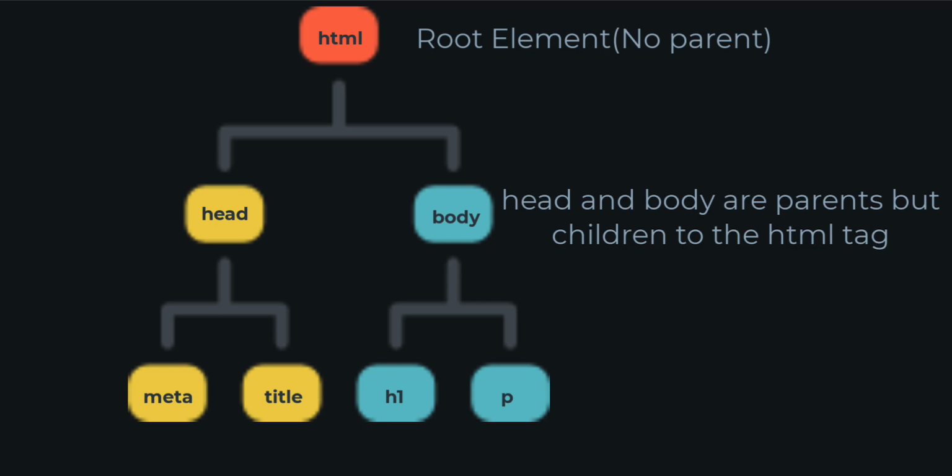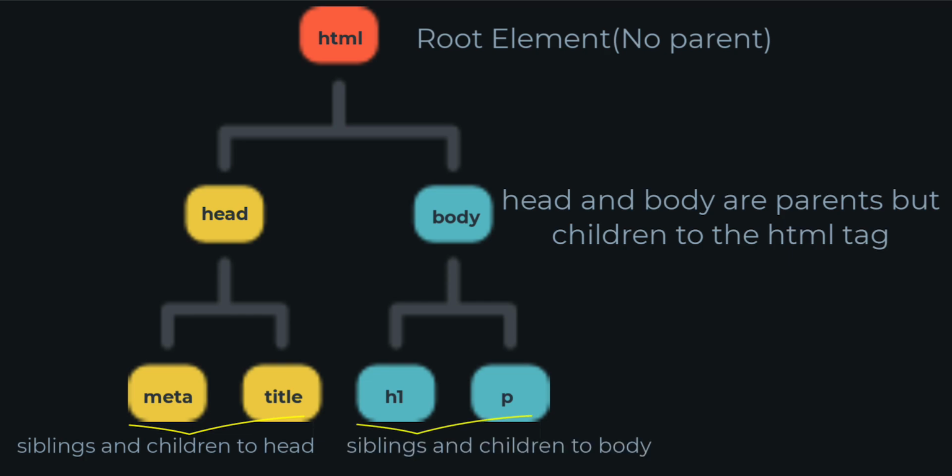So the meta tags and the title tag can be the children of the head tag. And for the body, you can have the H1 tag, you can have the paragraph tag, that is the P tag. And this H1 tag and the P tag are the children of the body tag. And in turn, the head and the body are all the children of the HTML tag. So this is what the tree-like structure is like.